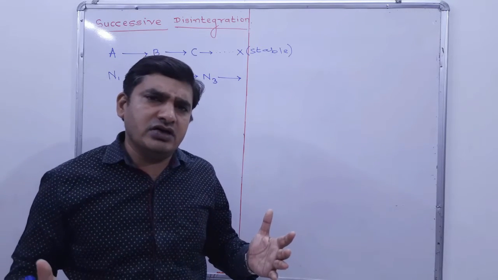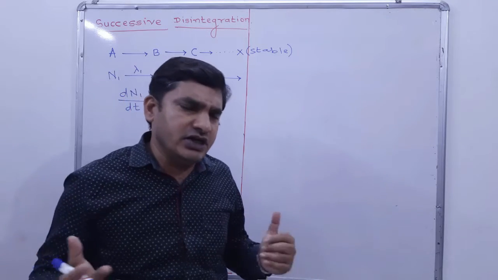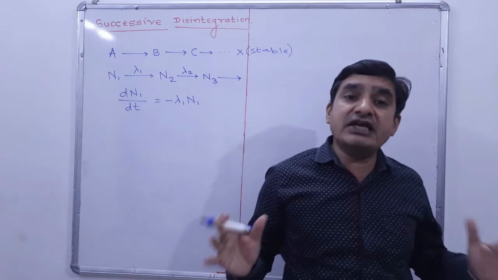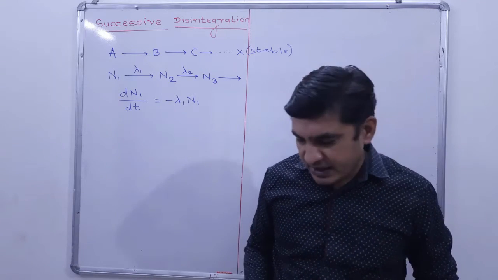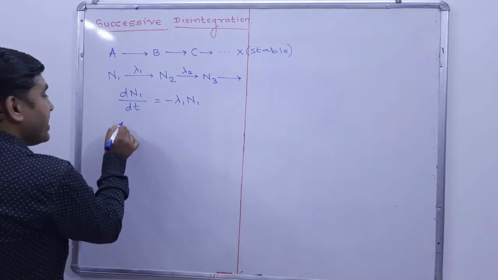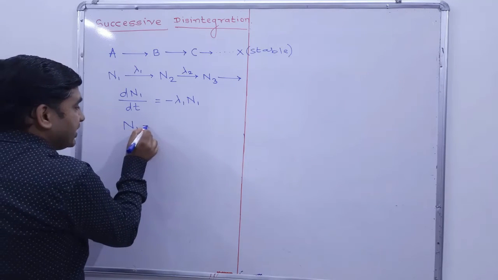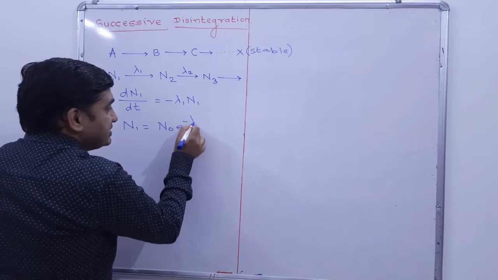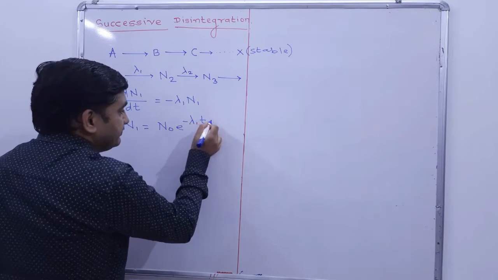According to the law of radioactive decay, we know that radioactive nuclei disintegrate exponentially with time, and therefore the number of parent atoms N1 can be written as N0 e raised to minus lambda 1 into t.